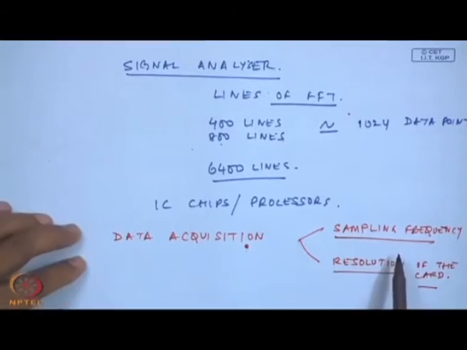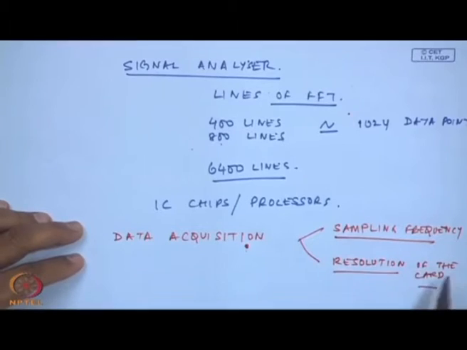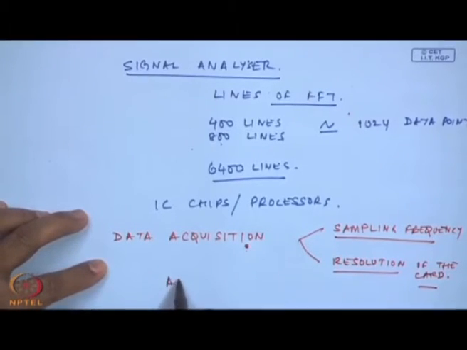If you have an erroneous sampling frequency, you have the problem of signal aliasing. And if you do not have adequate resolution, you have what is known as quantization error.